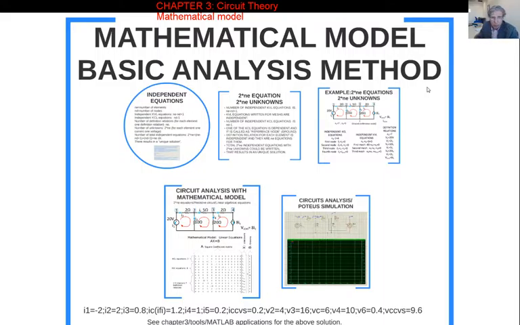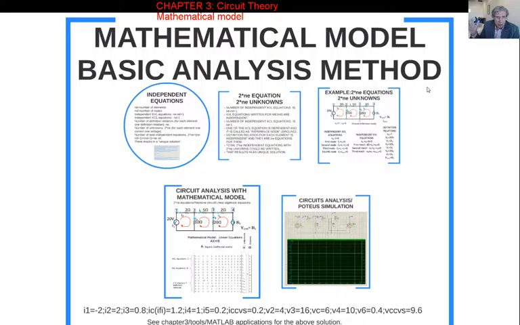We already said that in order to have a mathematical model for the analysis of a circuit, we've got to write a set of independent equations, of which the number of equations should be equal to the number of unknowns.